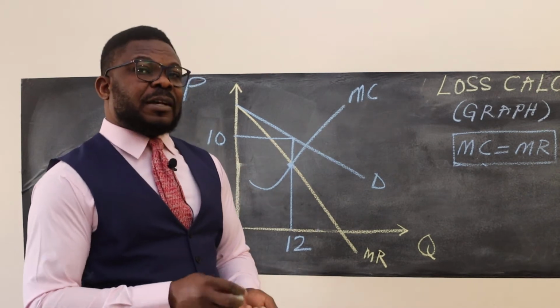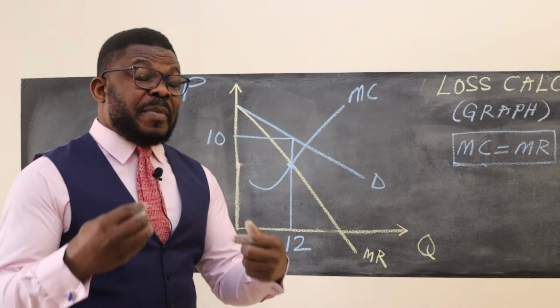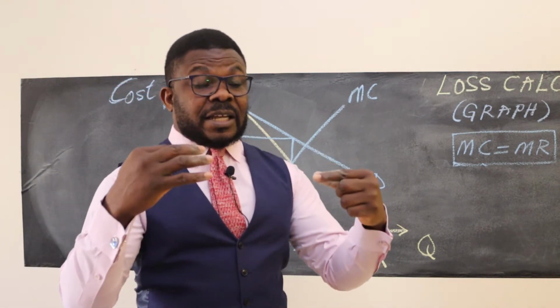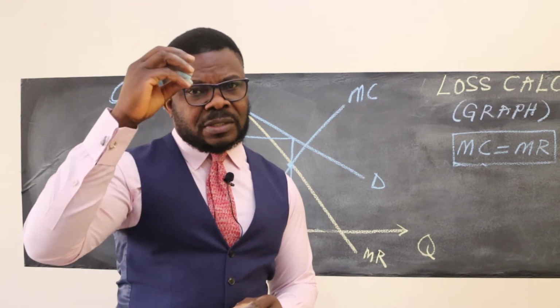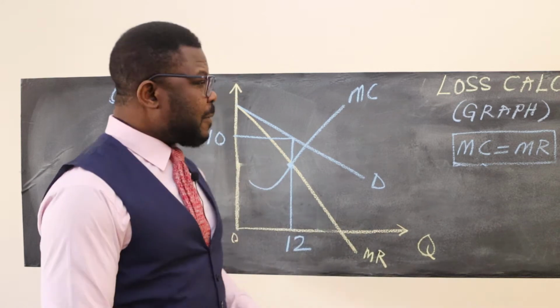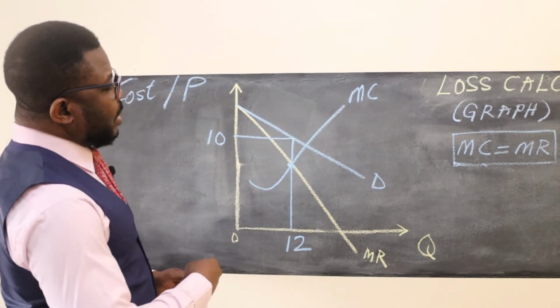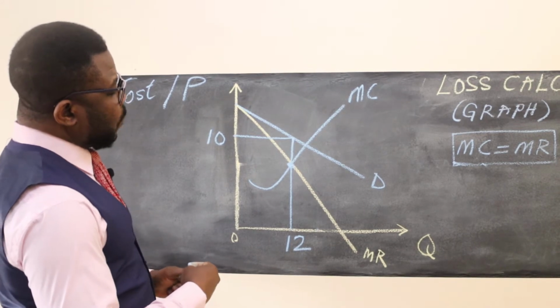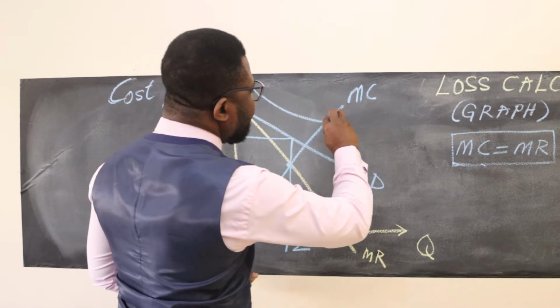But there is something else missing here. To be able to calculate the loss, we have to find the ATC. Remember, if the ATC is higher than the price, then there's going to be a loss. The cost on average is higher than the price in the market. So the ATC has to be up somewhere, and therefore I'm going to draw the ATC. Let's say the ATC is somewhere here.